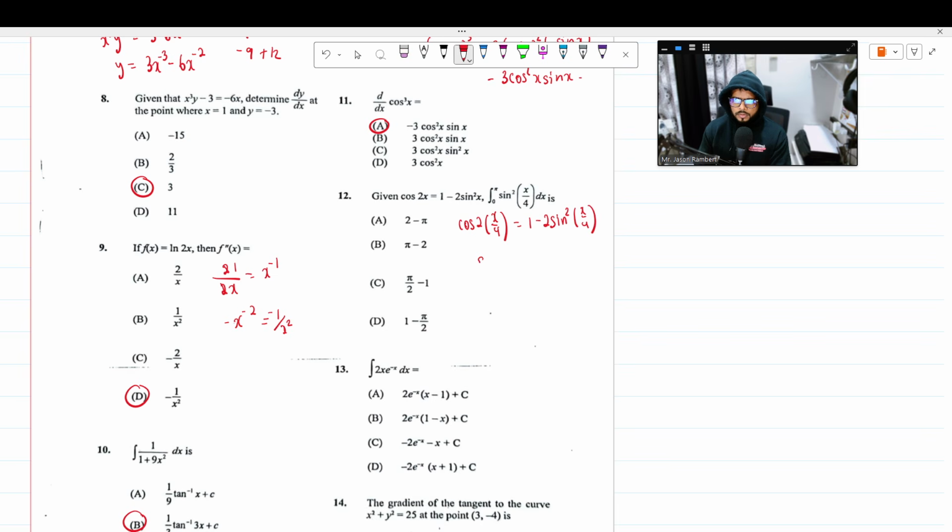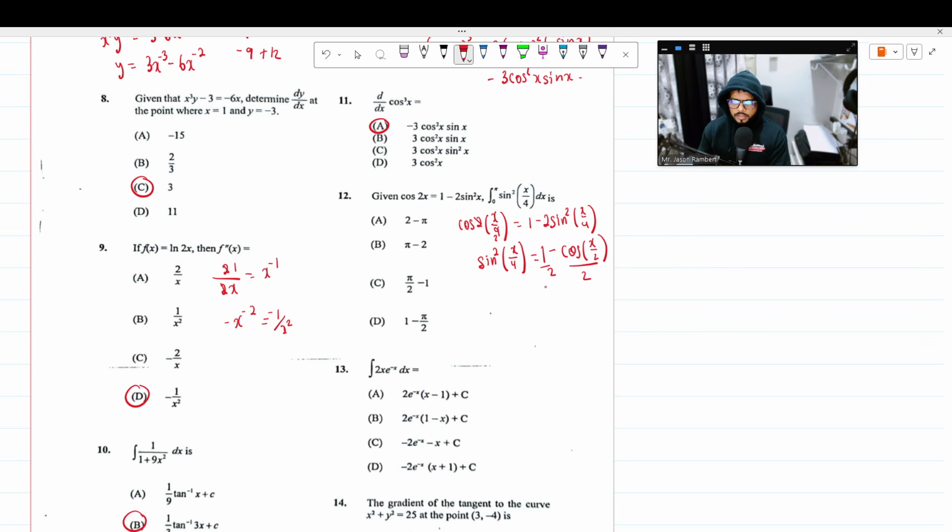Rearrange. I'm going to get sine squared x over 4 is equal to 1 minus cosine of x over 2, and I have to divide everything by 2. Divide this by 2, divide this by 2.